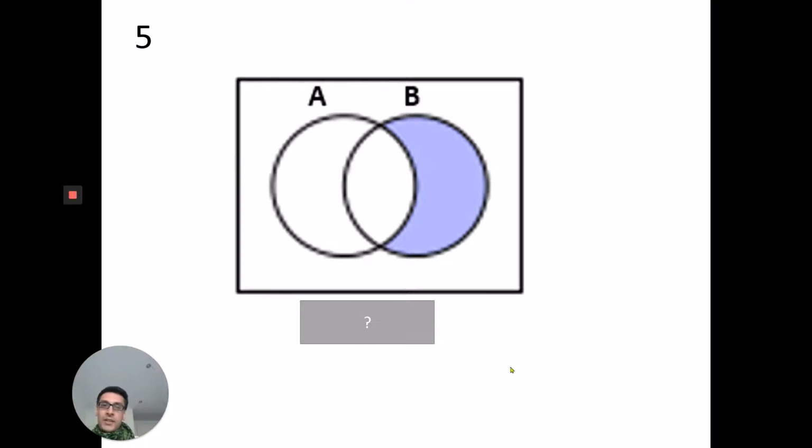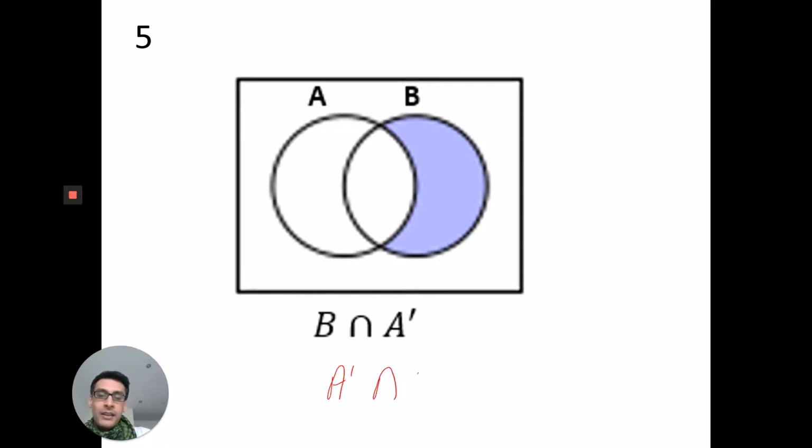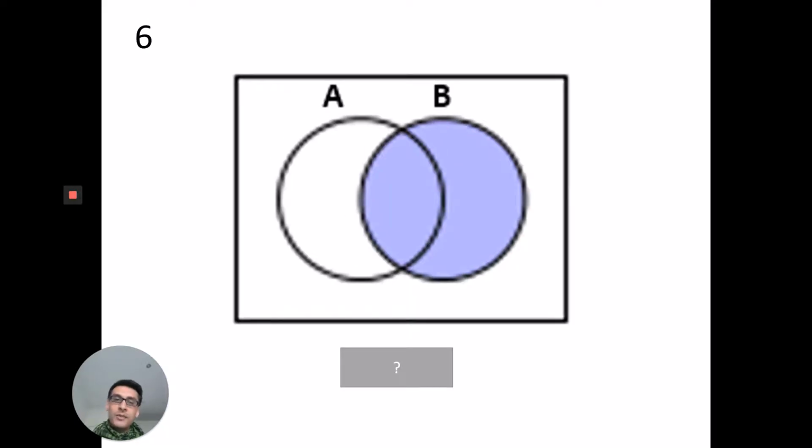Okay, so we can see we've got set B, but we've taken away set A. So we can say that this is going to be B and not A, or again, you can write it the other way around, not A and B, or not A intersection B. Okay, question 6, what set is being shaded? Okay, so this one is fairly quick. You can see it's just going to be set B that's shaded in.